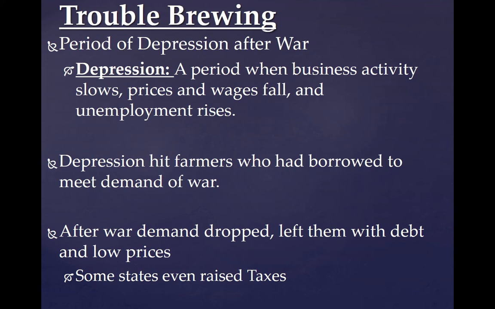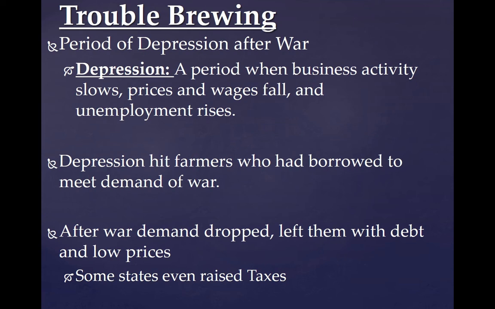What happened was that these farmers who had borrowed money to help meet the demand of the war, once the war was over, still had all of these supplies and things that they had been providing for the war, and they still owed money for having gotten that stuff in the first place.